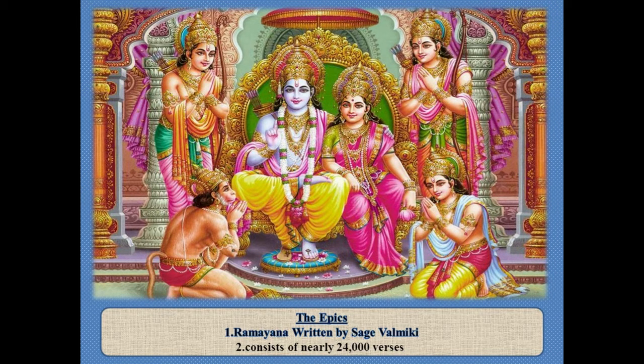The central characters are, as some of you might know, Lord Rama, an incarnation of Lord Mahavishnu, his wife Sita Devi, the female central character, and Lakshmana, Bharata and Shatrughna, the three brothers of Lord Rama. And of course there is Hanuman, who played a very important role in the Ramayana. That is the picture you are seeing here.